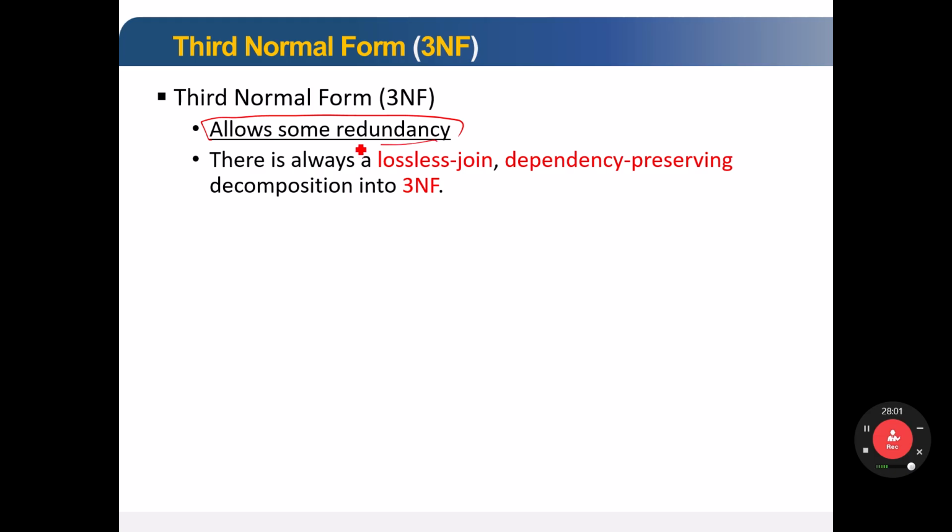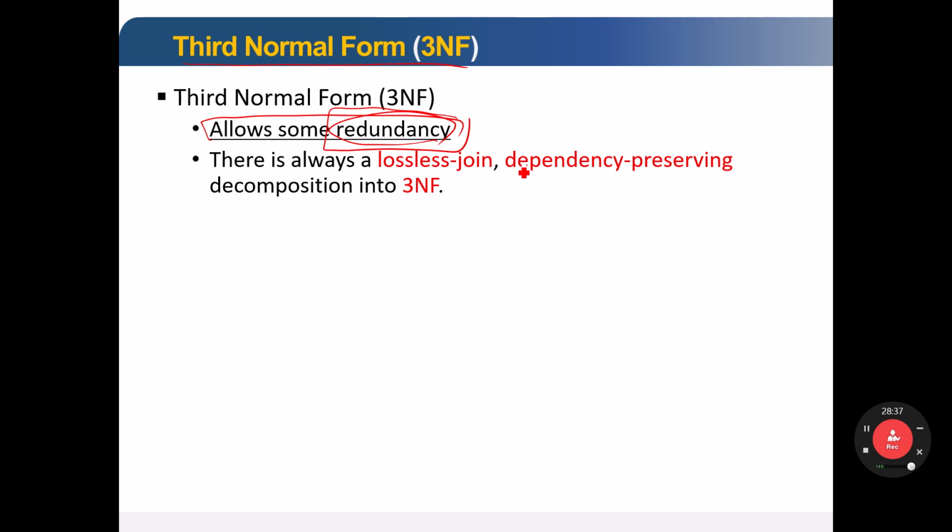So redundancy is bad, but if you design your table in BCNF, you can eliminate the redundancy. But you may lose some functional dependencies, and you may hurt some semantics of the applications. In that case, there is no other option. We have to allow redundancy in the table. In that case, you can use third normal form.